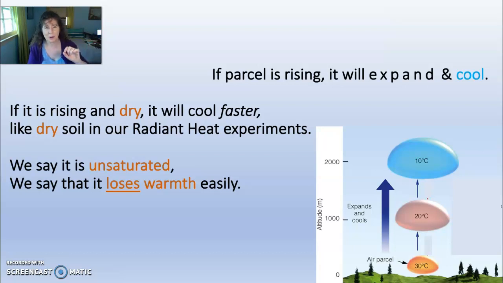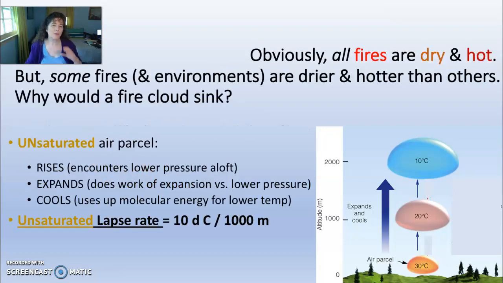It's really hard to make that experiment work. We say that dry parcels are unsaturated. We say that they lose warmth easily. And in doing so, they come up with a rate that is very set at 10 degrees Celsius per 1,000 meters. The temperature drops in those dry, unsaturated parcels by 10 degrees Celsius per 1,000 meters.